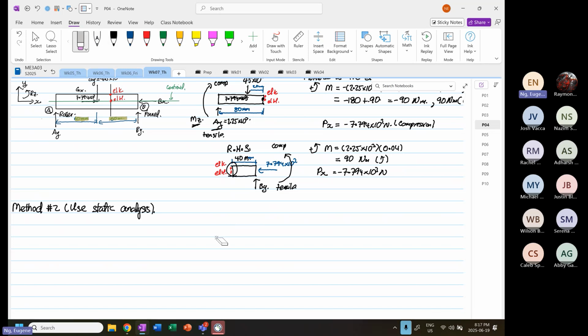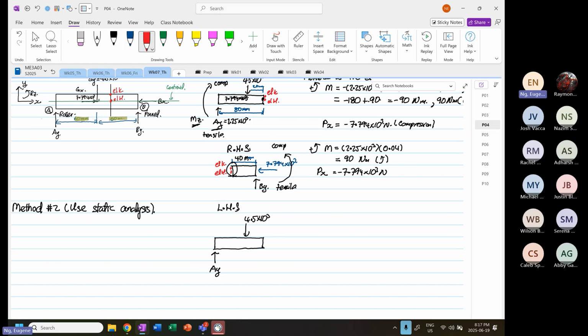Now we are going to look at the left-hand side. So this is our AY. This will be our 4.5.